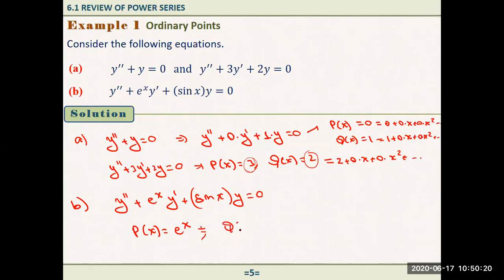And q is equal to sine of x, which also has a power series representation. That means these functions are analytic at any point on the number line, so they do not have any singular point. Okay, those are examples of ordinary points. Any point on the number line is an ordinary point for P and Q in all of these examples.